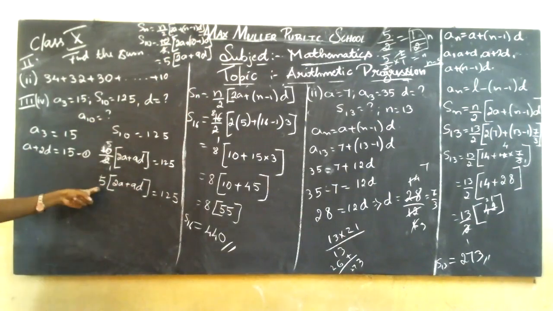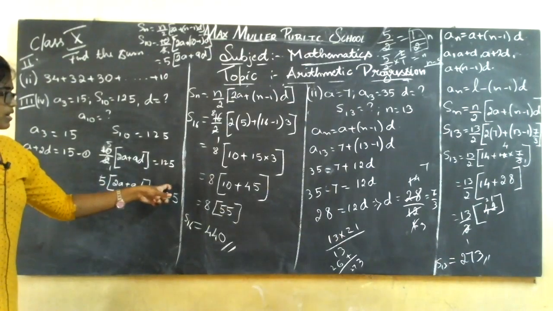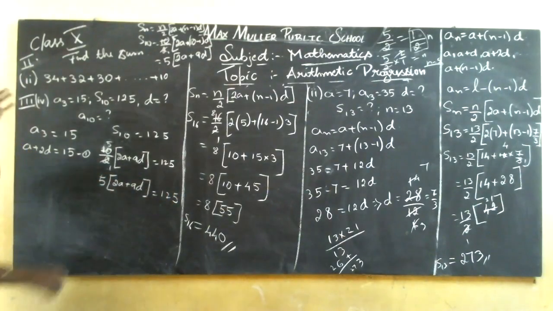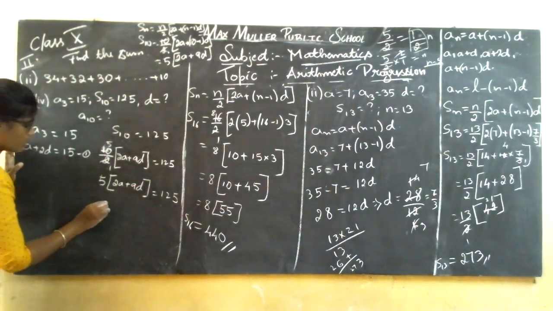Now you can multiply this 5 inside the bracket, or you can take this 5 this side. It is your choice. If you multiply the 5, you get 10 and 45. If you get this here, you get it as 2s are 25. So let me put it that side, because here 15 is there, then it is 25. It will be easy for me to subtract.